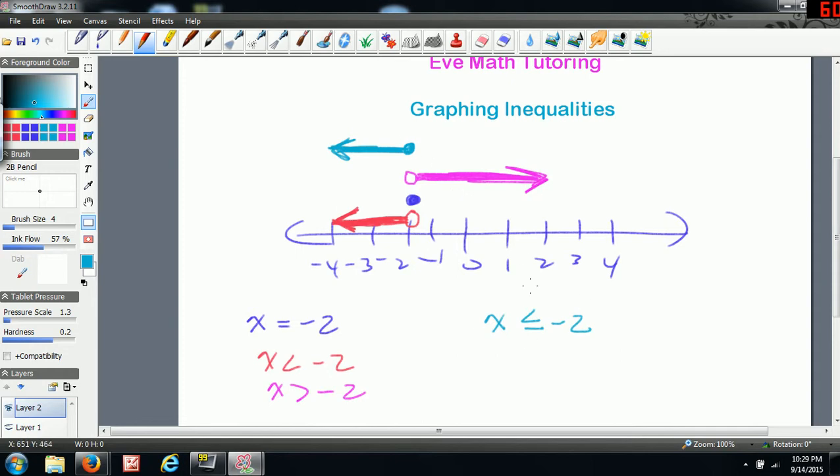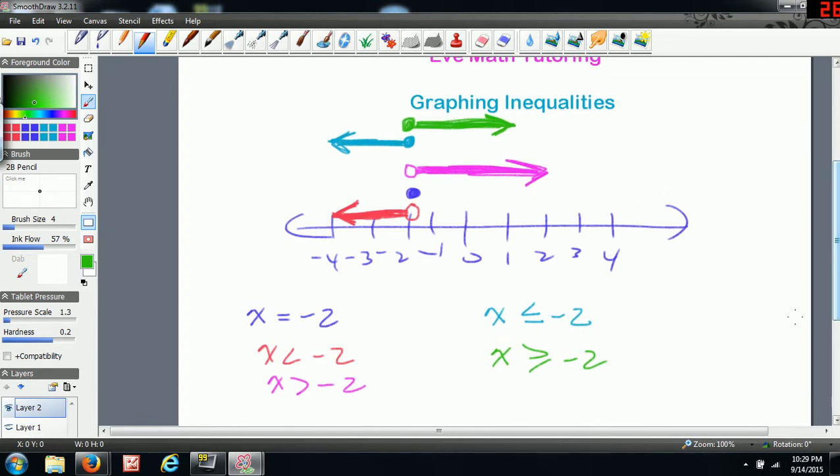So that's this inequality graphed. And then the final example, if we had x is greater than or equal to -2, then that again is going to include -2 and then moving to the right. So it includes the -2 and then everything to the right of -2.